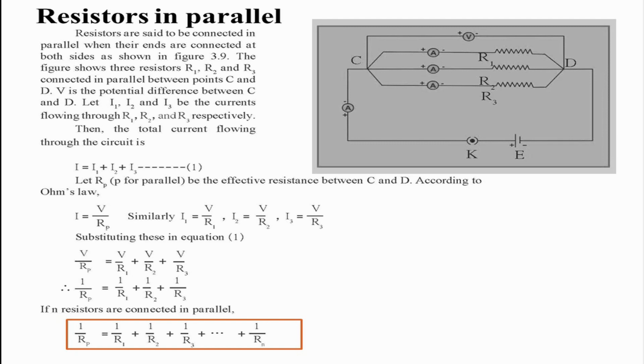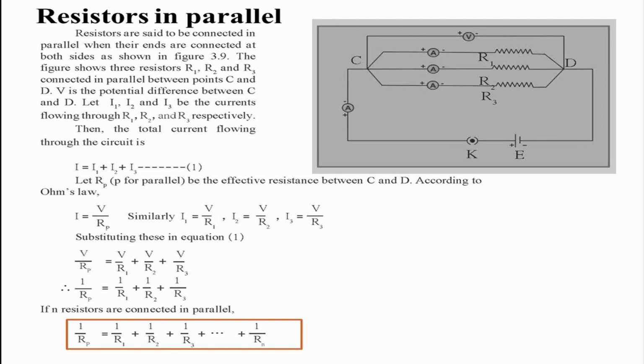In parallel, current will be individually there across each resistor. In series, voltage was individual, and in parallel it is current. So in series the current was common, in parallel voltage will be common. We won't have V1, V2, V3.